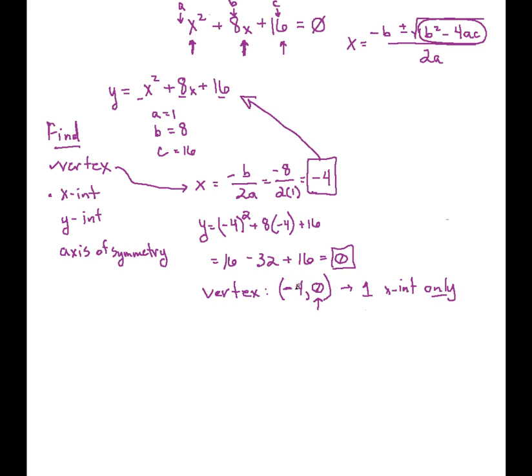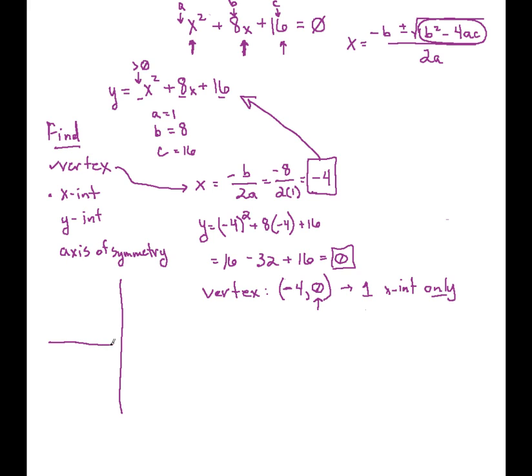We can also note that because the leading coefficient on the x squared term is greater than 0, the parabola opens upward. So the parabola is going to come down, just touch the x-axis at x equals negative 4, then reverse direction and go back up again.